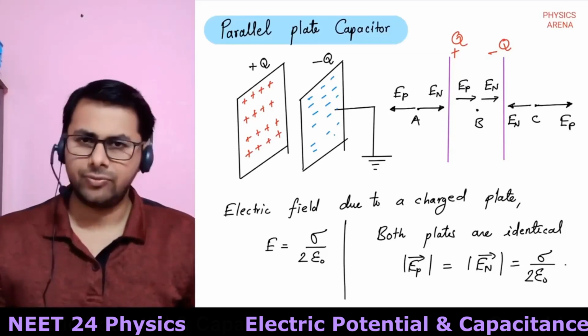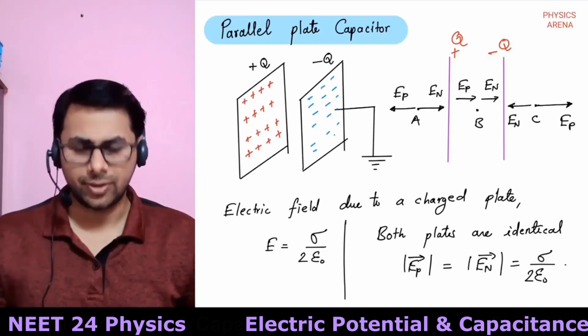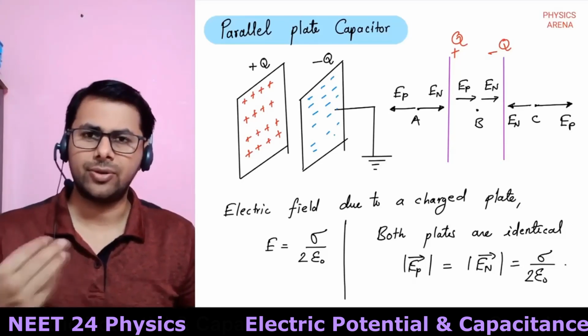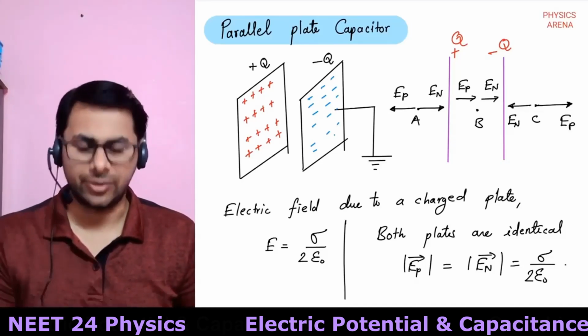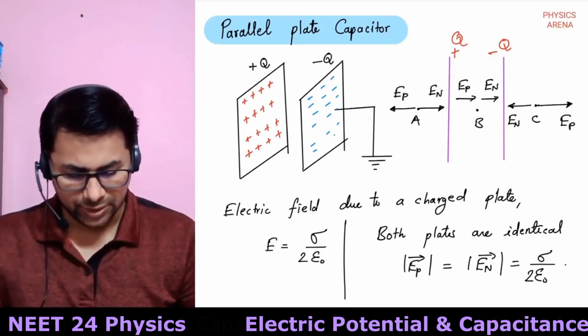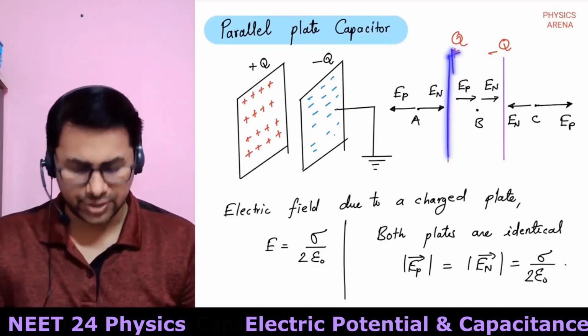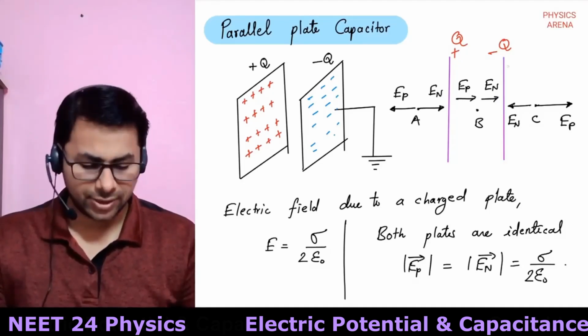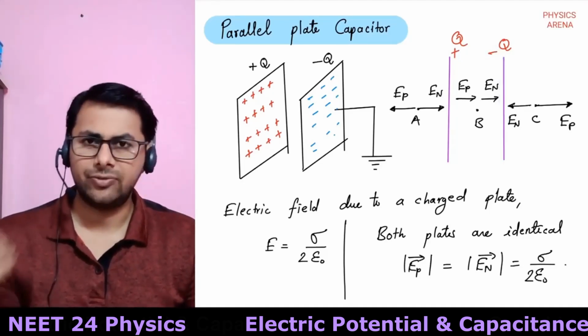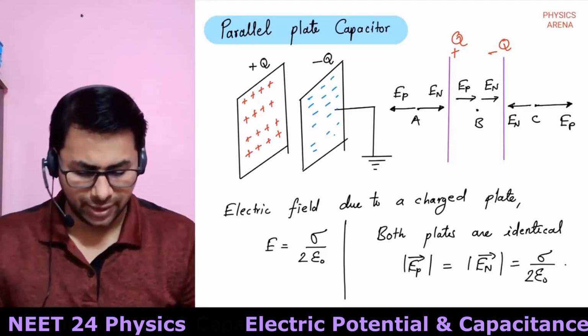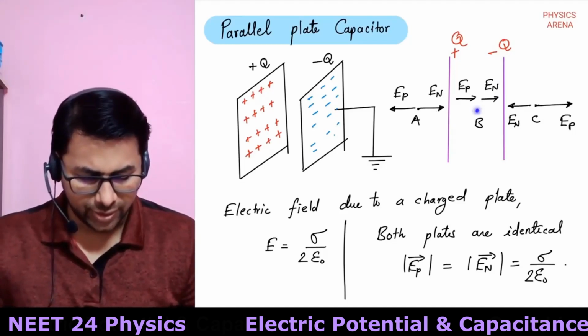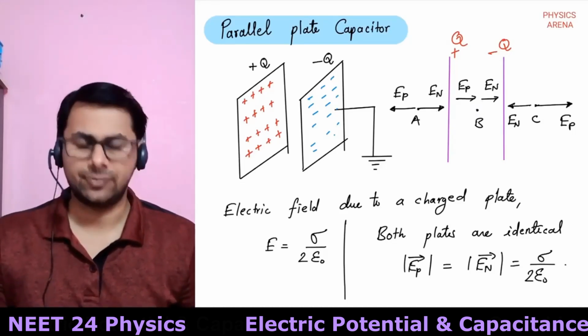To find it out, we need to find the electric field, because finding the electric field will allow us to find the potential. Now consider the three regions. This is the first plate, charged with positive charge. This is the second plate, charged with negative charge, and now you want to find the electric field in this region.